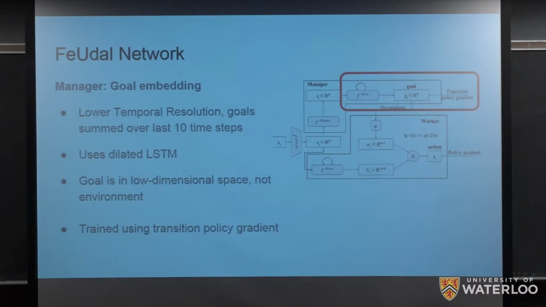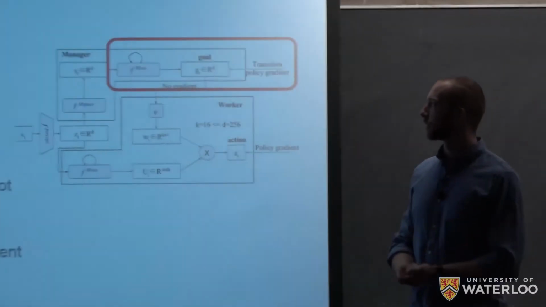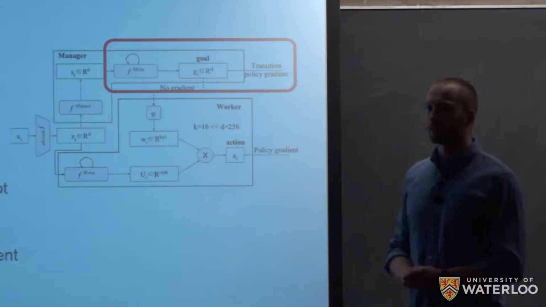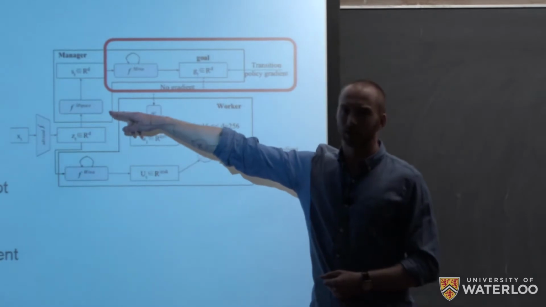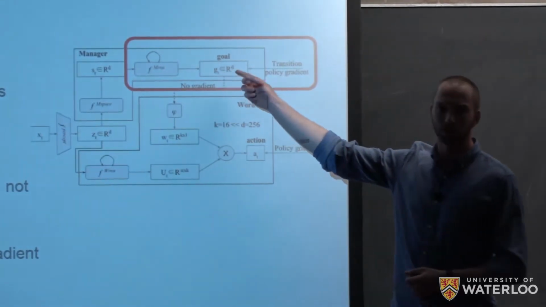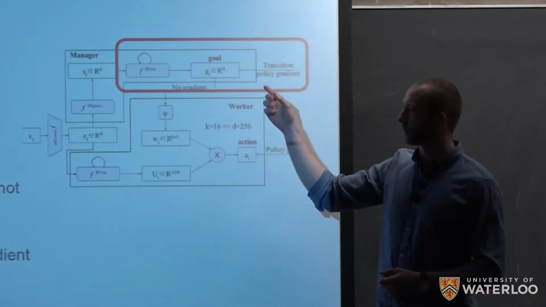Next, if we look at the manager, what does the manager have to do? It has to produce a goal. How are we going to produce this goal? The idea is that we use an LSTM on this embedding. We compress the embedding once more and then use an LSTM to generate a goal. This is the goal that we're going to use for the worker.